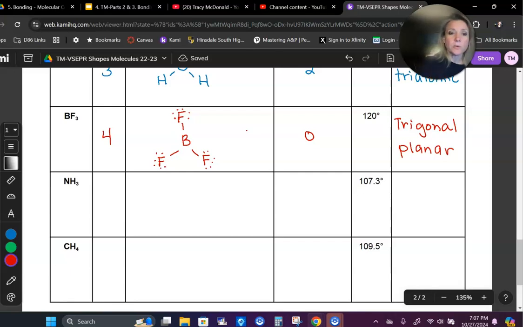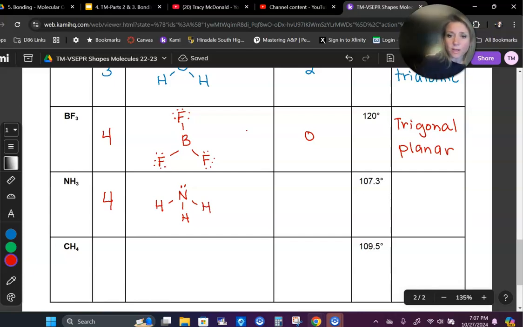Our next molecule is NH3, and NH3 again has four atoms that are in there. So our electron dot structure for NH3 looks like this.